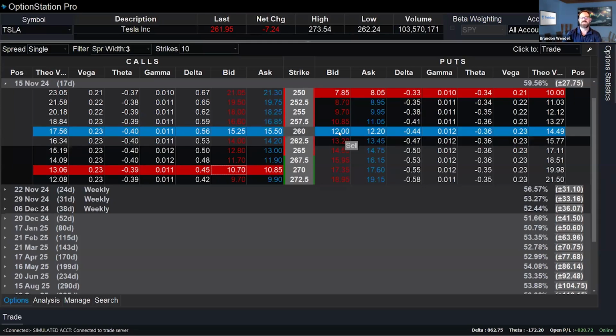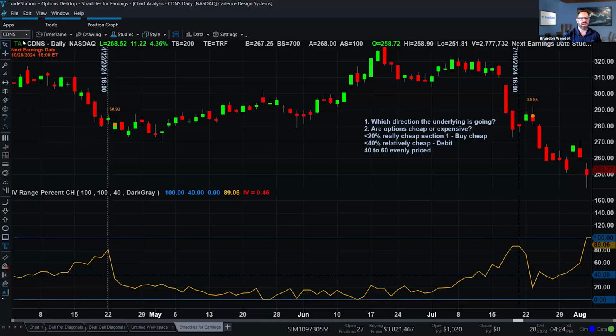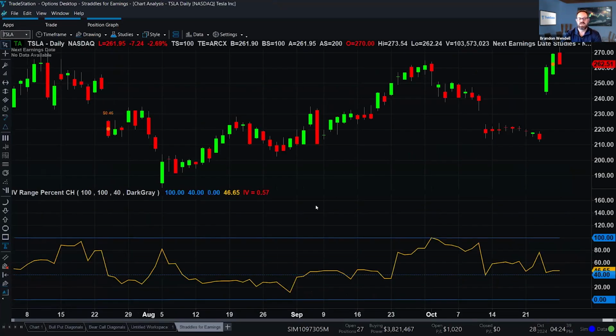However, the puts, again, are $12 to $12.20. Meanwhile, the theoretical value is $14.49. So these options are currently trading well under the value. It's not really a surprise because the earnings were just recently released on Tesla, weren't they? So if I were to go back, and I'll come back to my other chart in a moment, and instead of CDNS, we go to Tesla, look at the implied volatility right now.